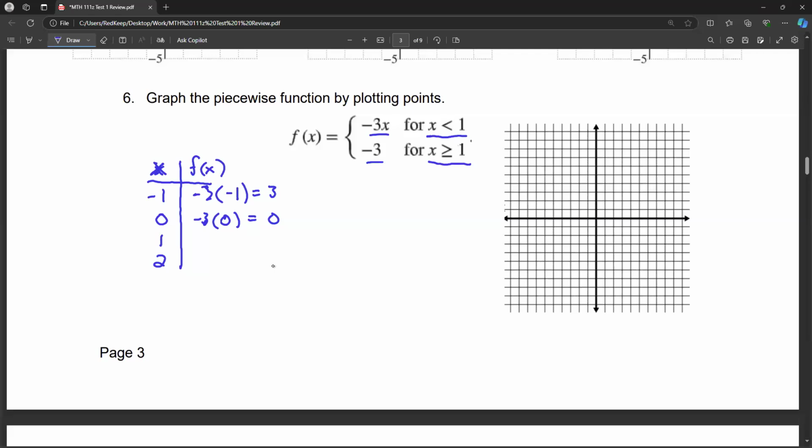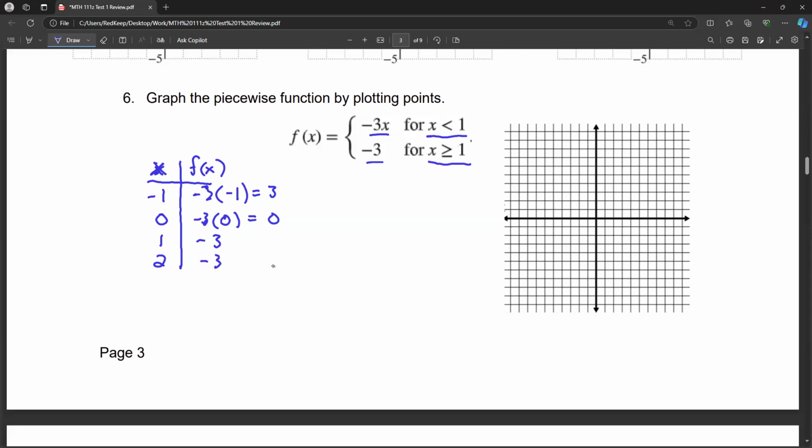In fact, when x is equal to 1, we just say its output is -3, as it's stated, right? And this will be cemented a little bit more possibly, right? When we think about x equaling 2. 2 is greater than or equal to 1. And the function, no matter what the x value is, is just equal to -3.